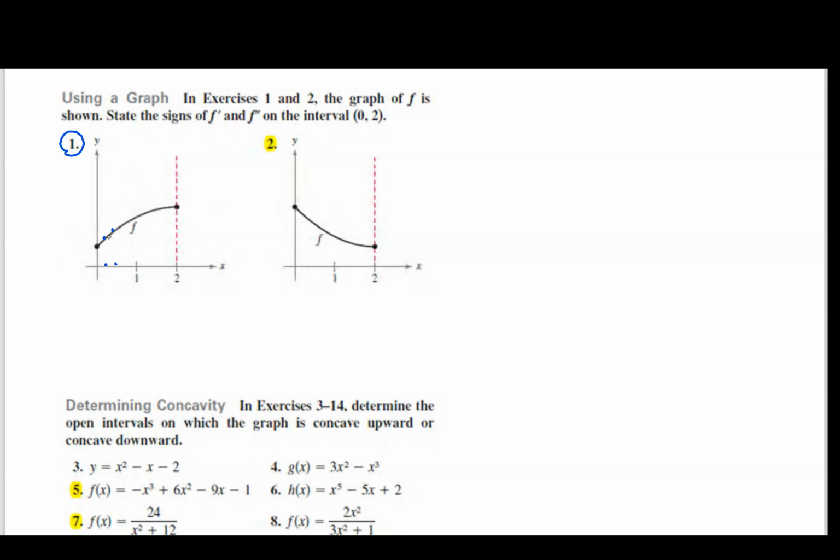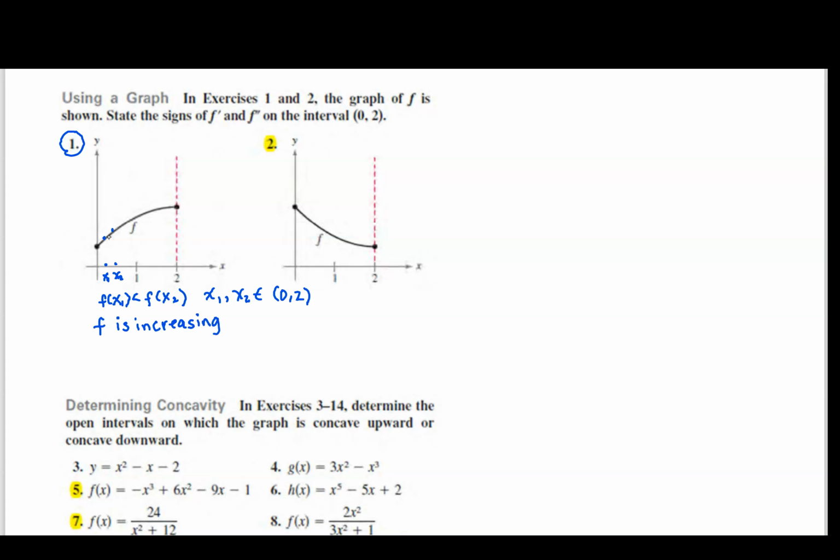So as you can see, if this is my x sub 1 and this is my x sub 2, we have f of x sub 1 is less than f of x sub 2. And that is actually true for any x sub 1 and x sub 2 in the interval 0, 2. So therefore we know that the function f is increasing.